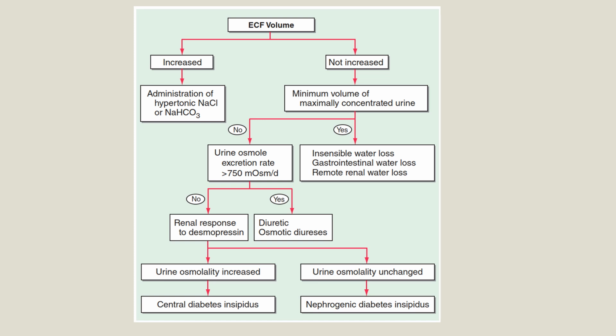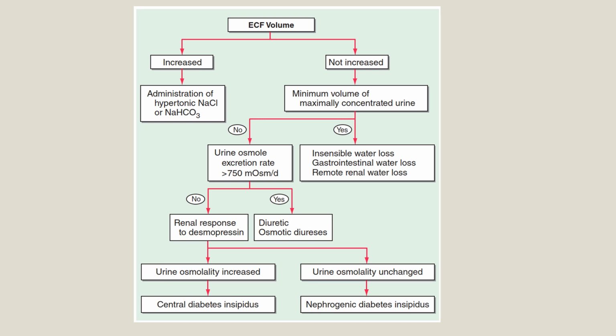If not, if the urine is not minimal in amount and it is not maximally concentrated, then we have to check the urine osmolality excretion rate. Is it more than 750 or not?